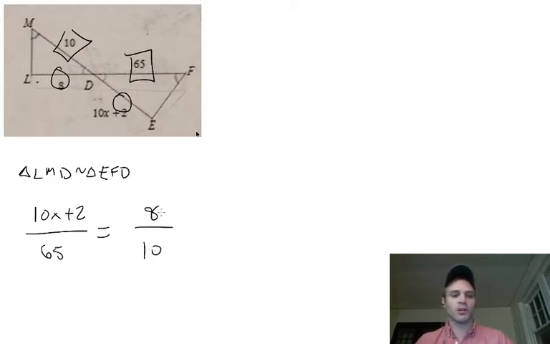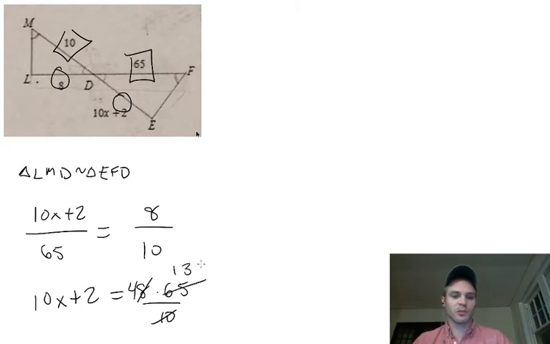Now we can multiply by 65 on both sides, and then we get 10x plus 2 is equal to 8 times 65 over 10. Then we can cancel a 5 here, so this is going to be 13. Let me check that. Yes.